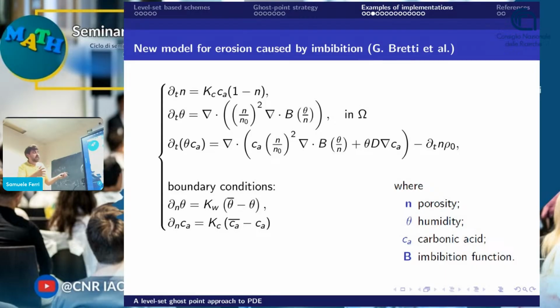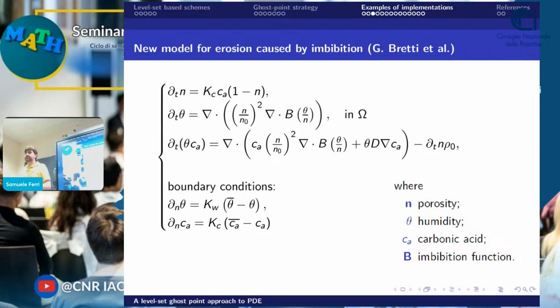So our variables are n, the porosity, which in our case means that if the porosity is 0, the stone is full, and if it is equal to 1, it is empty. Theta is the humidity, and Ca is the carbonic acid.